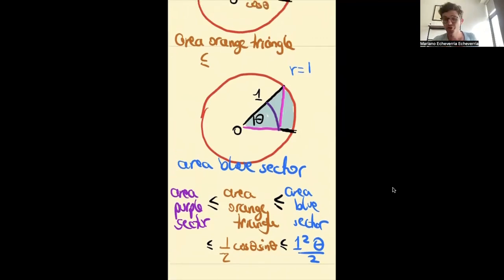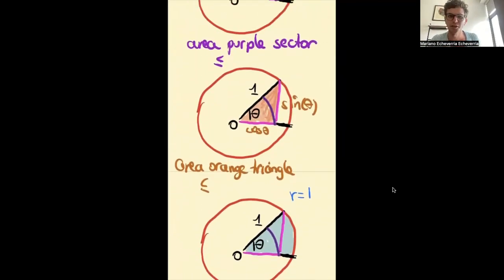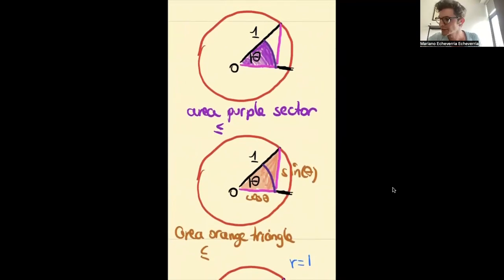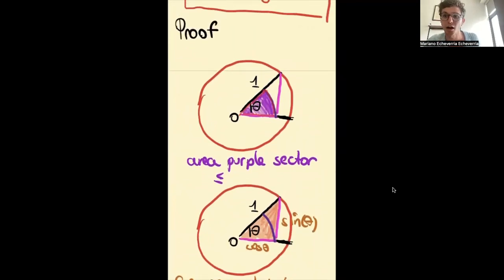And let's go to the purple sector. For the purple sector there's still a formula for the area of a sector that you can use, but now the radius is different, right? The radius is not r equals 1. What's the radius of this piece of the circle that I'm drawing? It's smaller than 1.